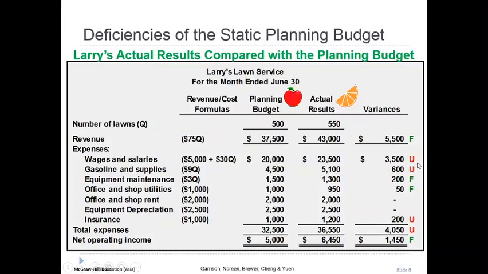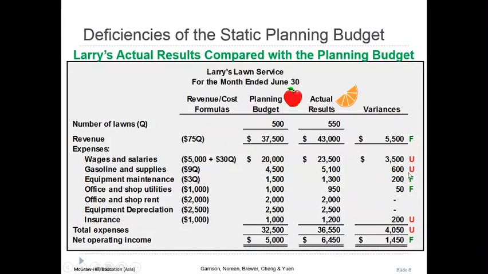We get unfavorable variance when actual result exceeds planning budget, and we get favorable variance for expenses when actual result does not exceed planning budget, means that the planning budget is bigger than the actual result. Okay, so please understand that concept.